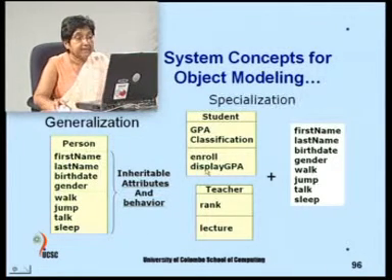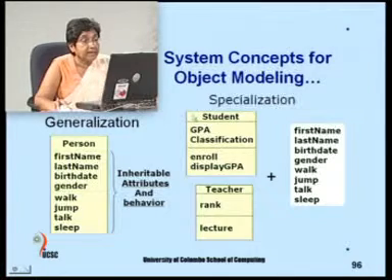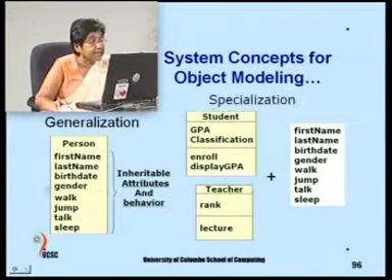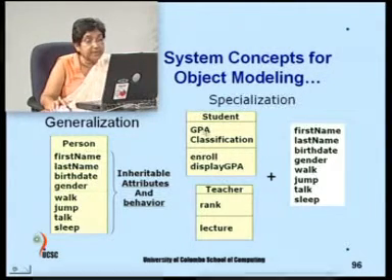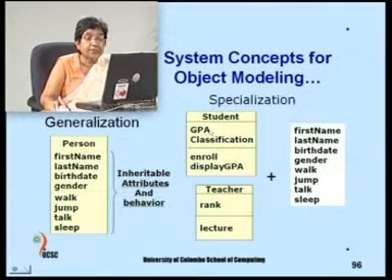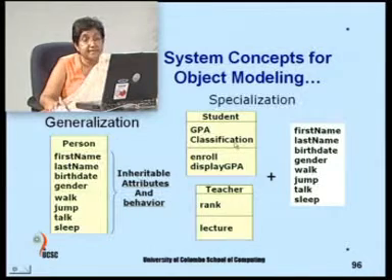So, if we look at this finally, student, in addition to this first name, last name, birth date and gender, will have two other attributes that are not common to person, and therefore will not be inherited by the teacher. Those two attributes are GPA and classification.